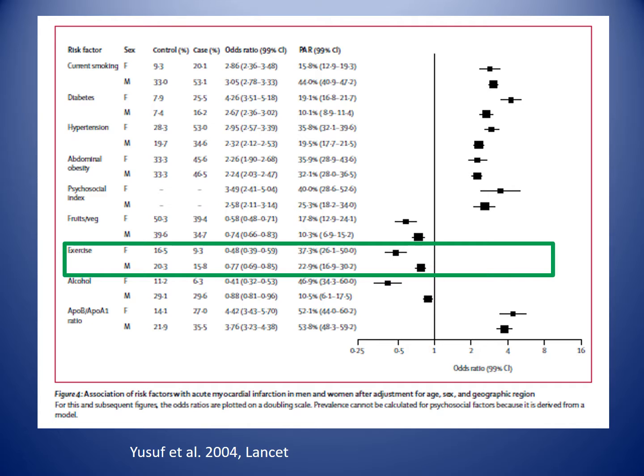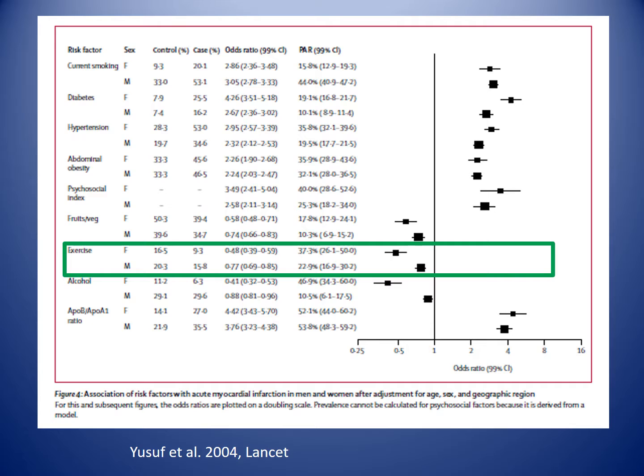So for females, 16.5% of the controls versus 9.3% of the cases exercised. If you look at the odds ratio, that means that women who exercise are 52% less likely to have had a heart attack.